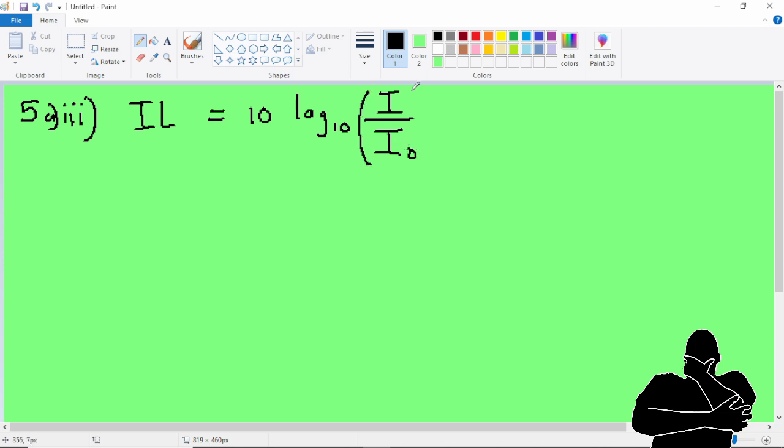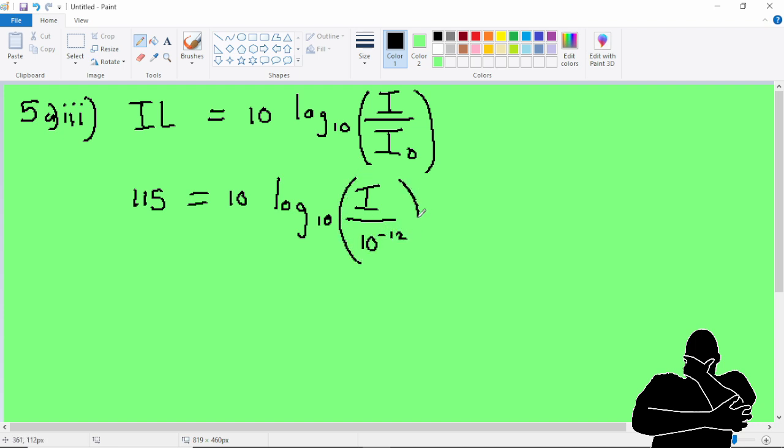That's it. So this is the formula. The question gave us the intensity level, which was 115 decibels. So we have the 10, we have log base 10, and then the intensity that we're trying to find is the top one, and it also gave us a threshold intensity of hearing, which was 10 to the minus 12 watts per meter squared.